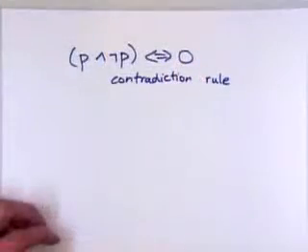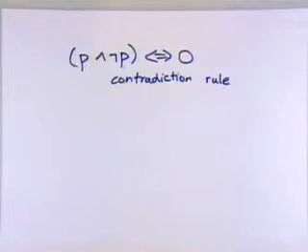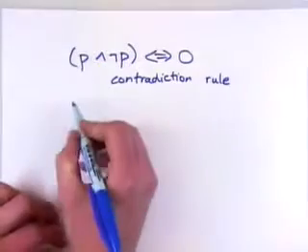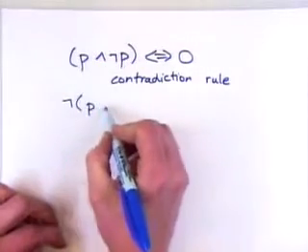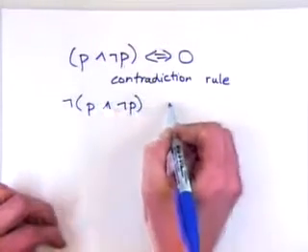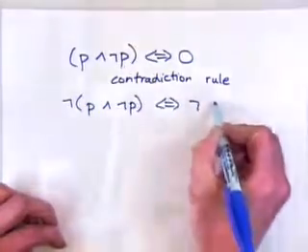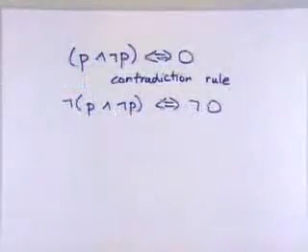So analogously, we could use De Morgan's on this. Let's negate both sides. Since we have a logical equivalence, then both sides are equal, right? So if I negate both sides, that should still be equal, right? So let's do that. If I negate both sides, I get not (P and not P) is logically equivalent to not 0. And what is not 0?